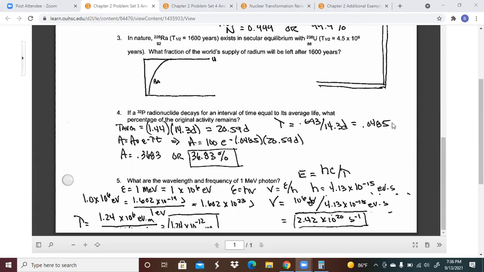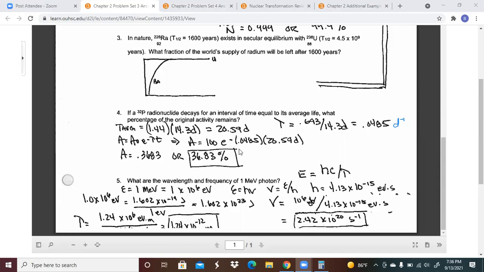And this over here, I should note as well, is going to be days to the minus 1, since that's lambda. Once you crank through all of this, you find out that A is going to be 0.3683 or 36.83%.